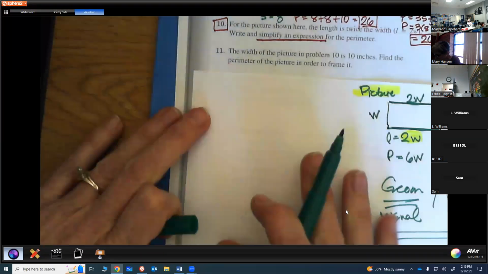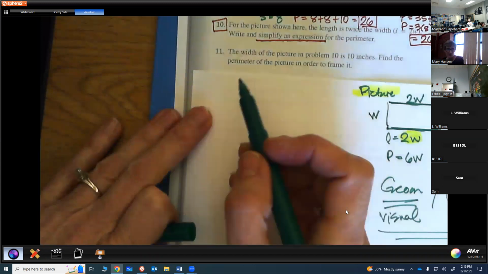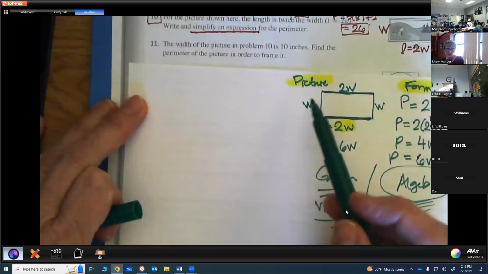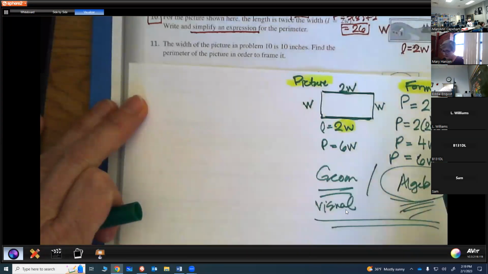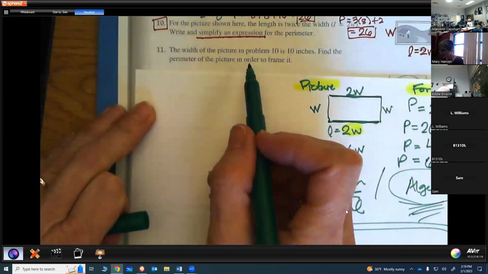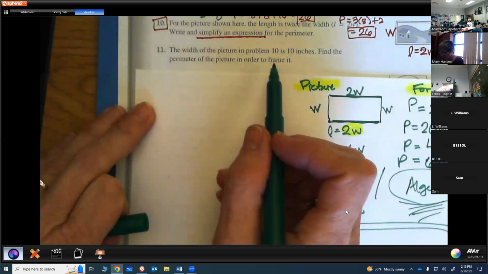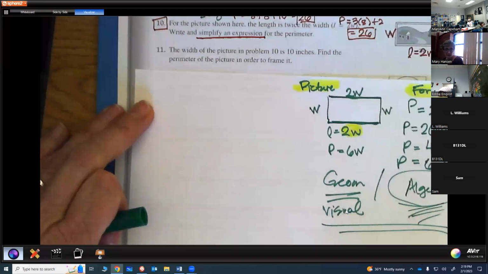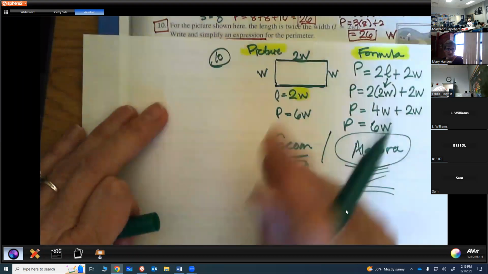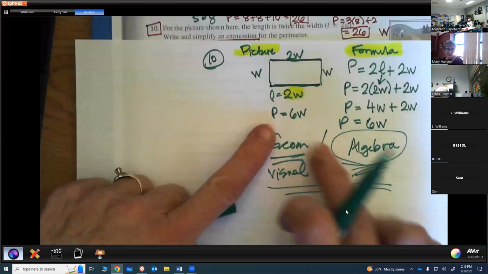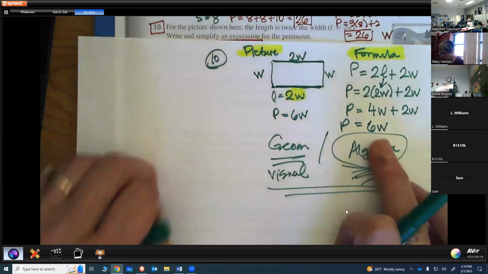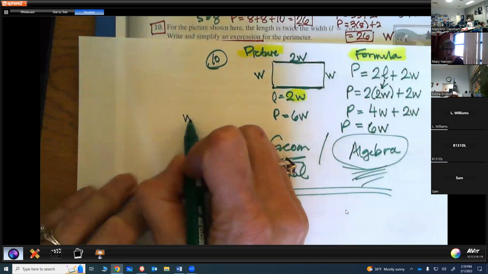All right, so we ended with number 10. I showed you a couple ways to get that perimeter to be 6W, geometrically as well as with the formula. Number 11 says the width of the picture in problem 10 is 10. Find the perimeter of the picture in order to frame it. Using our number 10 answers, we found that the perimeter is 6 times W. They told us that W is 10.